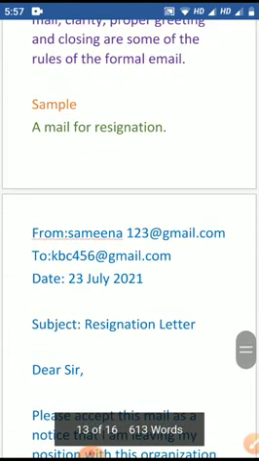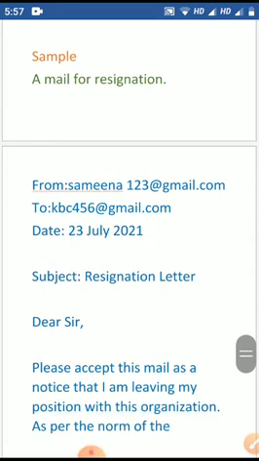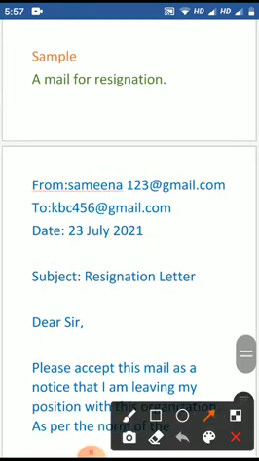Here we have a sample of a formal mail for resignation. For example, Samina is working in KBC company. She wants to resign from the company.